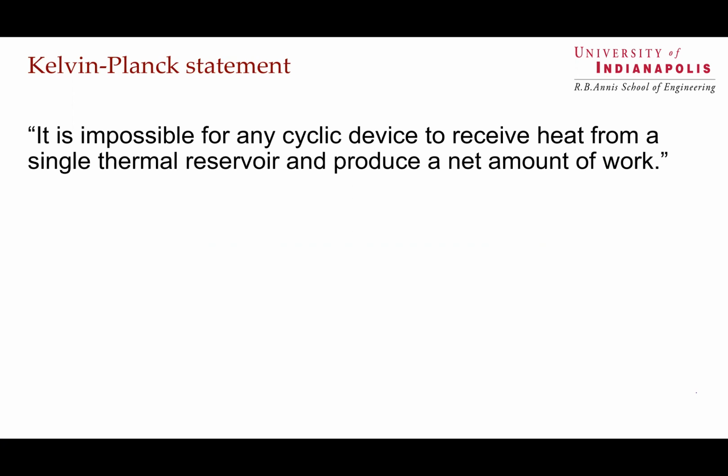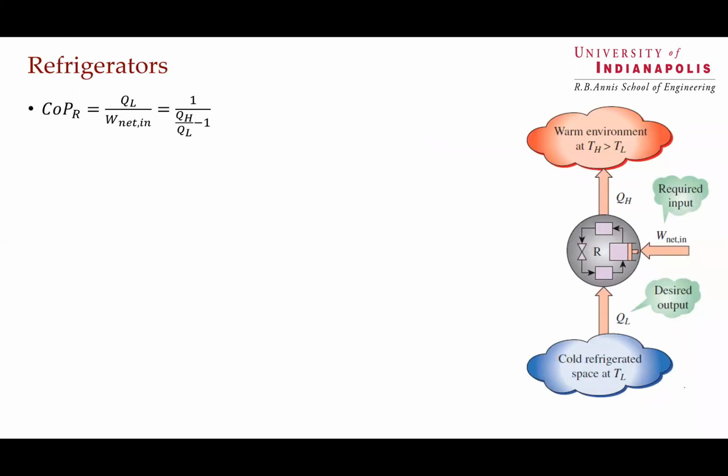So Lord Kelvin and Max Planck together stated this: it is impossible for any cyclic device to receive heat from a single thermal reservoir and produce a net amount of work. There must be a heat sink, a place to reject the heat. Otherwise, it wouldn't work. So that means you will never get 100% efficiency of a heat engine. The maximum efficiency is given by the Carnot efficiency.